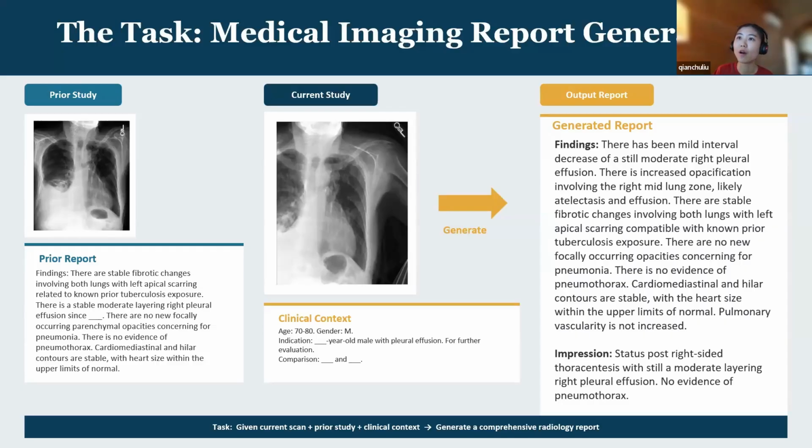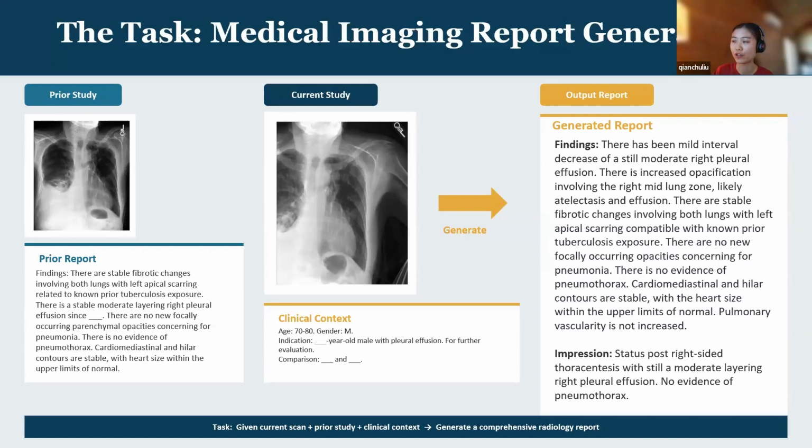And then there is some additional context that the radiologist can look into that will include prior studies of the patient, including the prior scans the patient has taken or any prior reports the patient had earlier.